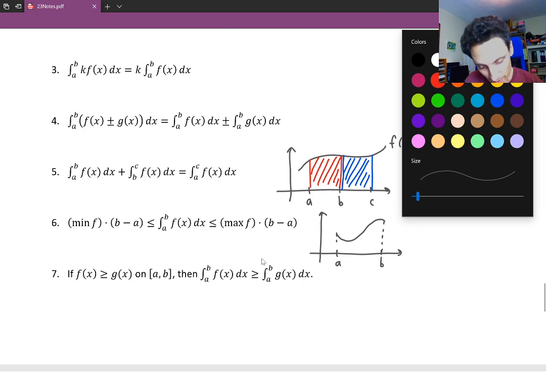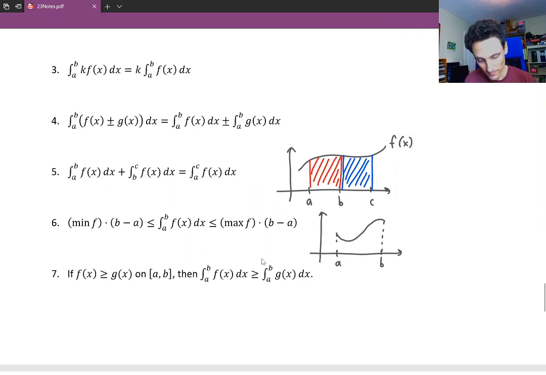Now the minimum function value, so min f, means the minimum function value on that whole interval. And as we trace the curve, it looks like the smallest function value is happening right here. So the minimum function value is whatever that y value is. If we take that minimum function value and multiply it by b minus a, well, b minus a is just the length of the interval.